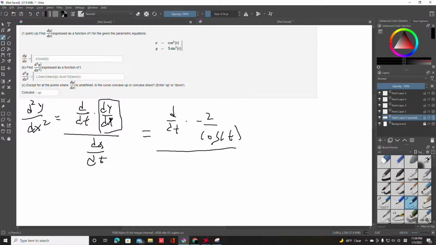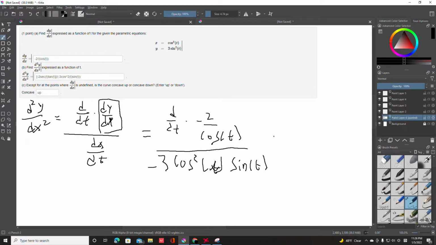And this is all divided by dx over dt, which we found in the last problem was negative 3 cosine squared t sine t.